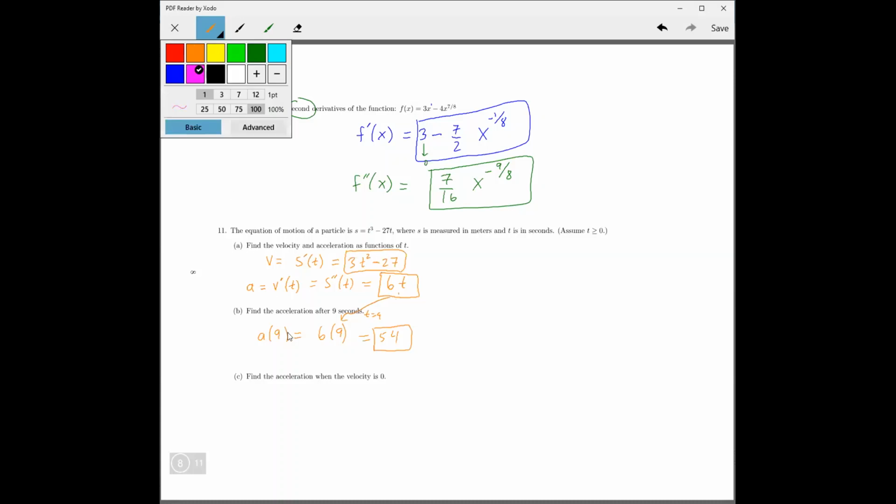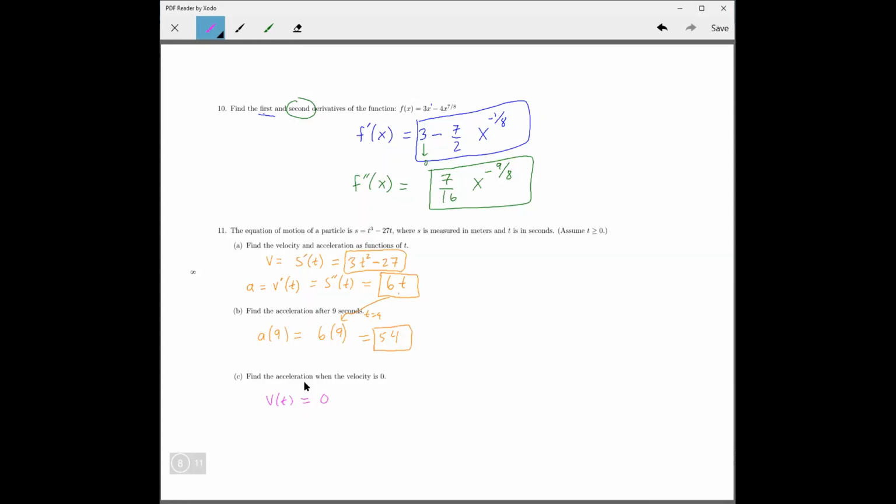Okay, and then the last part says find the acceleration when the velocity is 0. So what you have to do is set the velocity equal to 0. We know the velocity is 3t squared minus 27, so you set that equal to 0. That gives you 3t squared equals 27, which gives you t squared equals 9, or t equals 3.